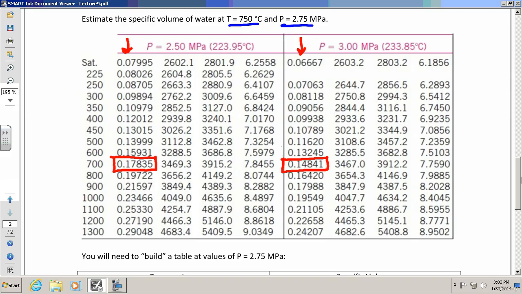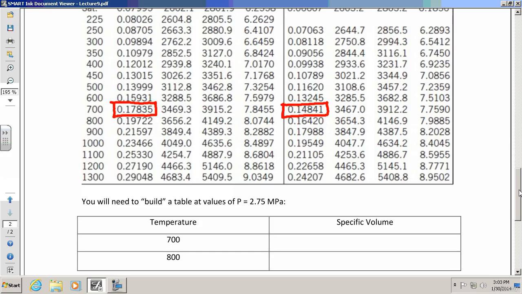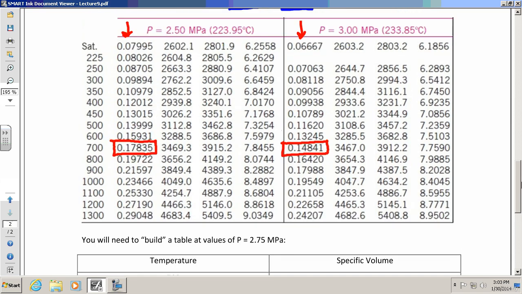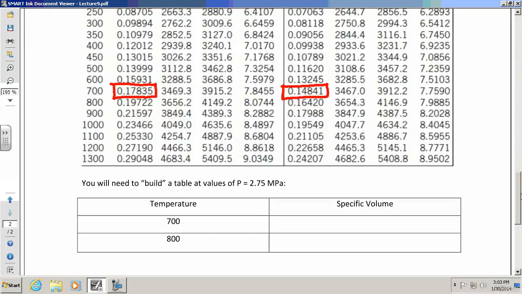If I interpolate between both of those at that 700 degrees Celsius temperature, I will get the specific volume at 2.75 megapascals, 700 degrees C. In this case, it's easy because 2.75 is halfway between 2.5 and 3. So what's halfway between 0.17835 and 0.14841? All you have to do is add those two numbers I've got boxed in red and divide by 2. Somebody do that for me?